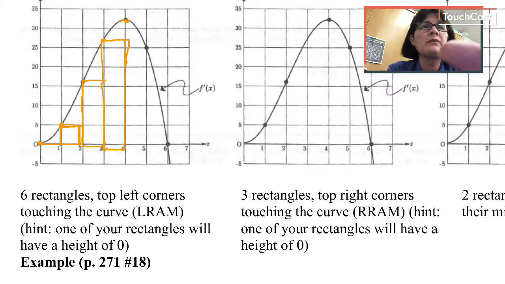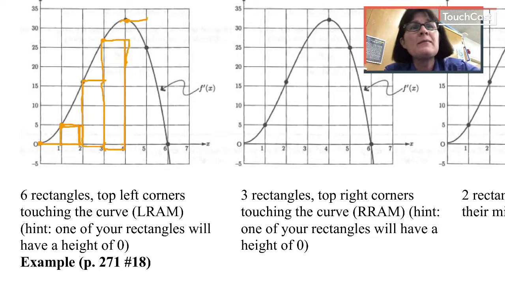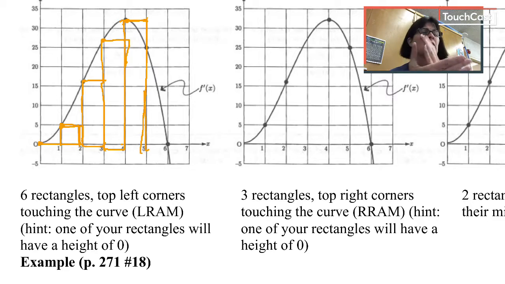Looks like 32 or 33. That's going to be my height. Even though this rectangle is too big and all the other ones have been too small, that's not how I make my decision. I have to make my decision on what height to use. I need my left-hand corner to touch. So this rectangle that covers from 4 to 5 has a height of like 32 or 33.